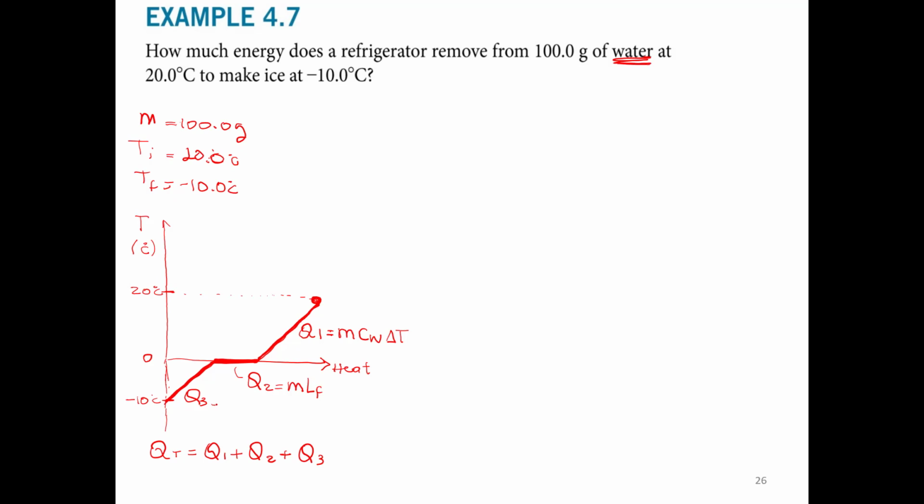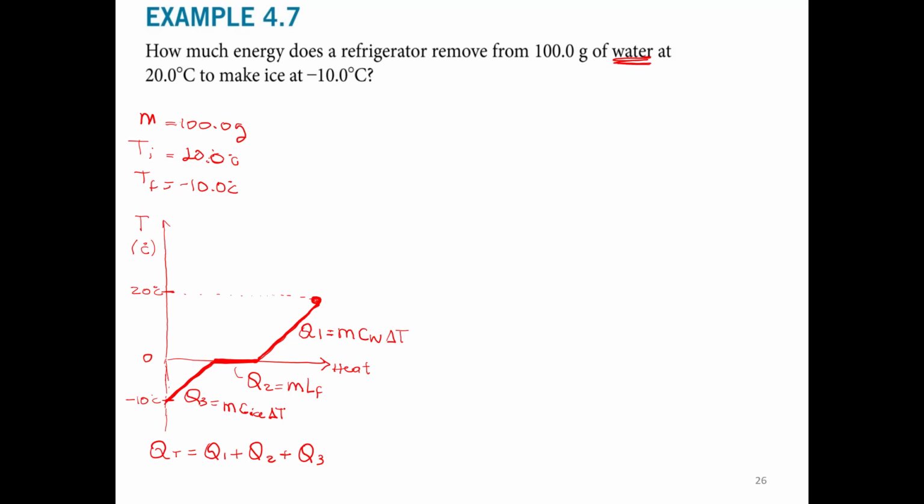And in this case, we need to multiply the mass times the specific heat of the ice multiplied by delta T. And now we know exactly what we need to do.